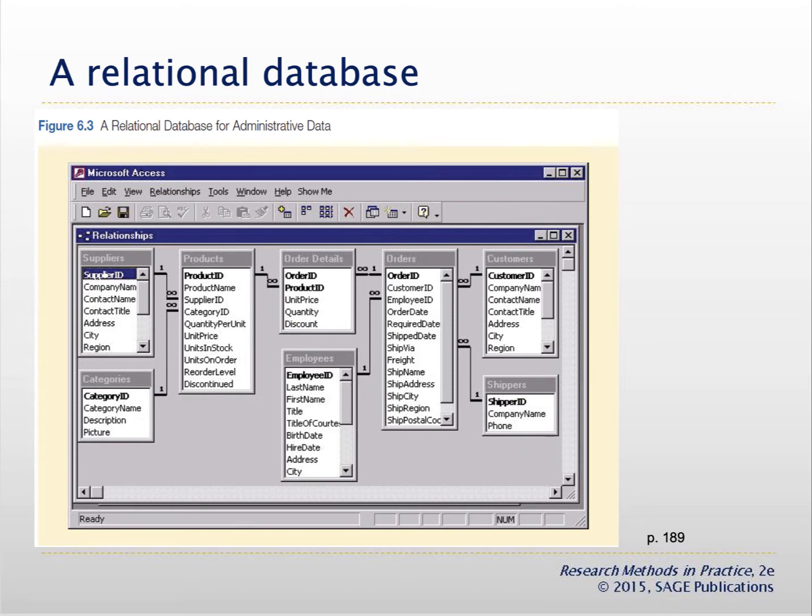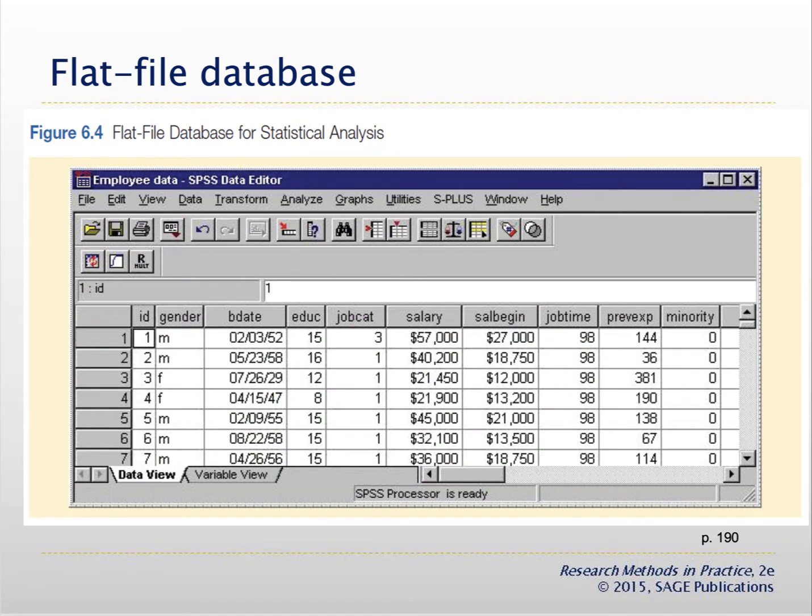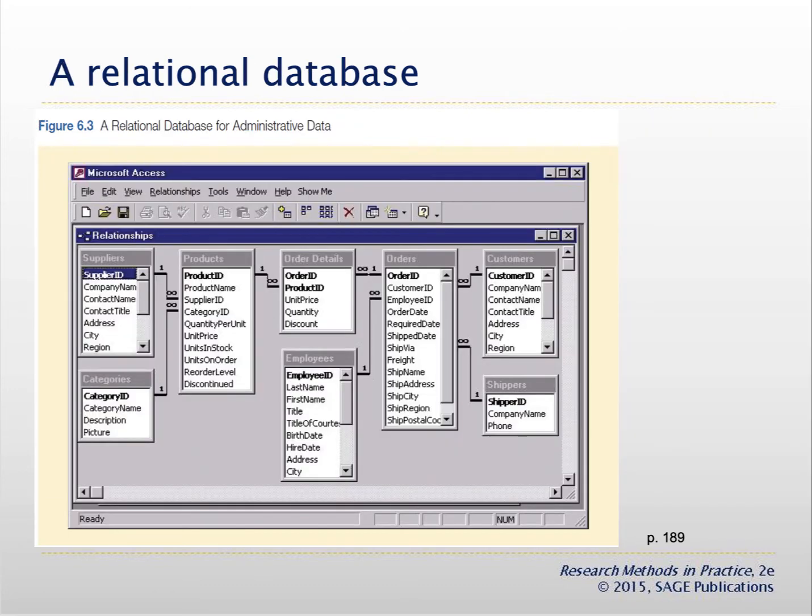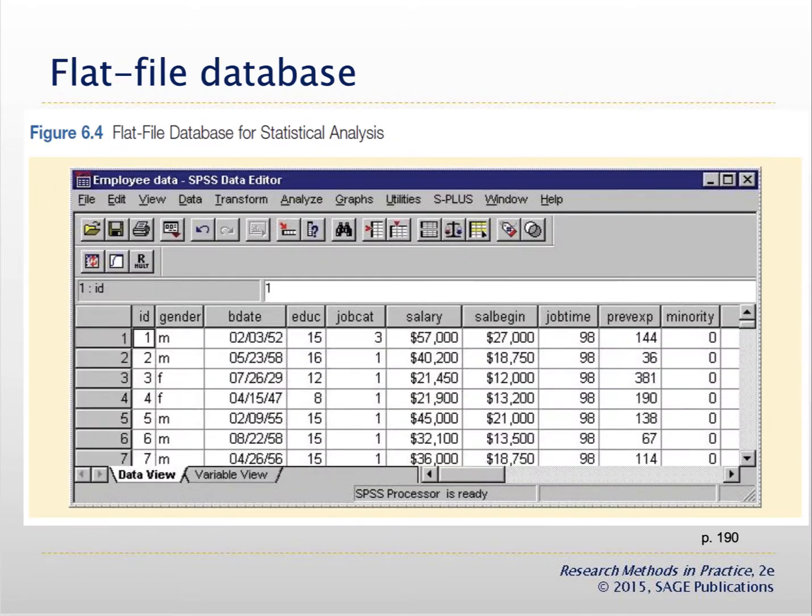But to do traditional statistical analyses, you have to put them into a flat file like SPSS data, or for many of us, what you'd see in Excel. So there's a whole bunch of different flat file data sets you could create with this relational database.